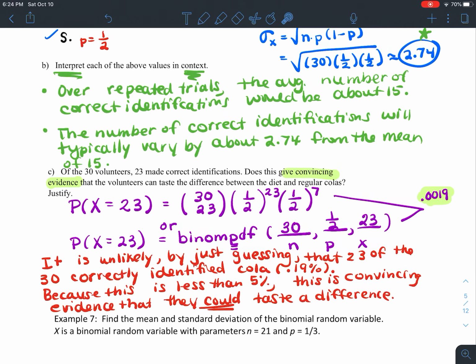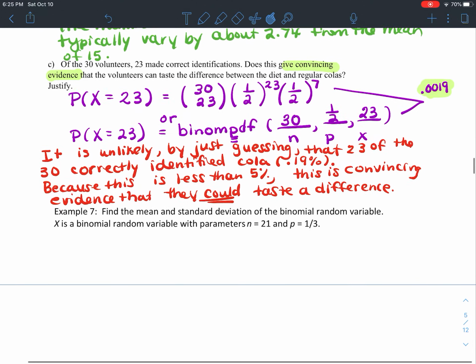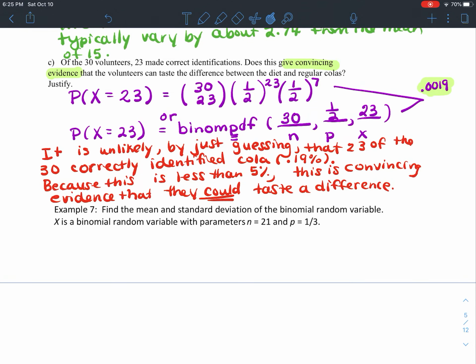So we're saying, look, it's really, really unlikely that just by guessing 50-50, you would get 23 out of 30 to have guessed it correctly. It is roughly a 0.19% chance. That is extremely unlikely that that could have happened. And so since we had so many correctly identify it, we're going to call that majorly convincing evidence that it is more likely to believe that they could, in fact, actually taste a difference between these two sodas. And that's what was accounting for such a dramatically high number of correct identifications.